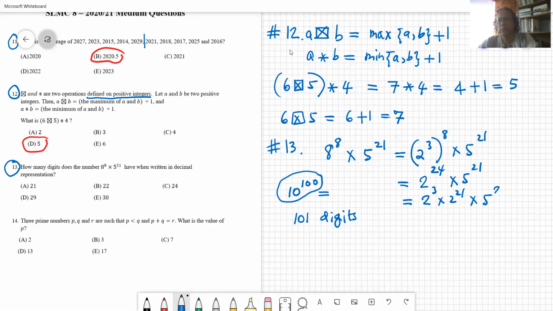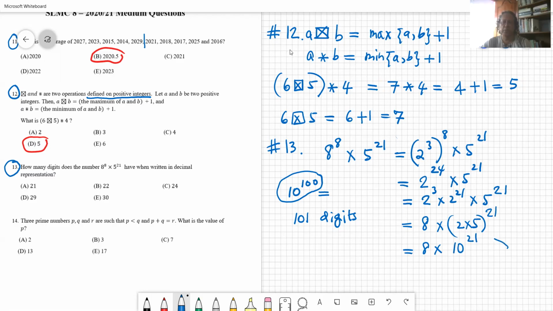So this is 5 to the 21. Now 2 to the 3 is 8, and this is 2 times 5 to the 21, and 2 times 5 is 10, so you get 10 to the 21. Now 10 to the 21 is a number that begins with 1, and then 21 zeros follow it, and if you multiply that by 8, you get a number which begins with 8, and 21 zeros follow that 8.